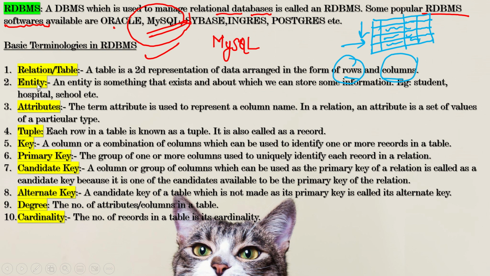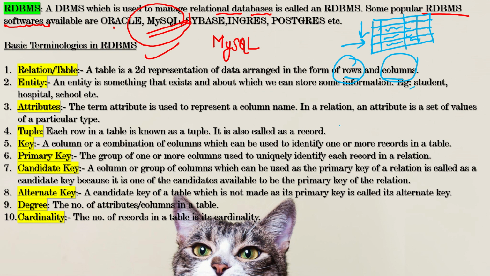terminology. The second one is entity. An entity is something that exists and about which we can store some information. Examples are student, hospital, school, etc. An entity is something that is real, something that is existing, and about that we will be able to store some information.